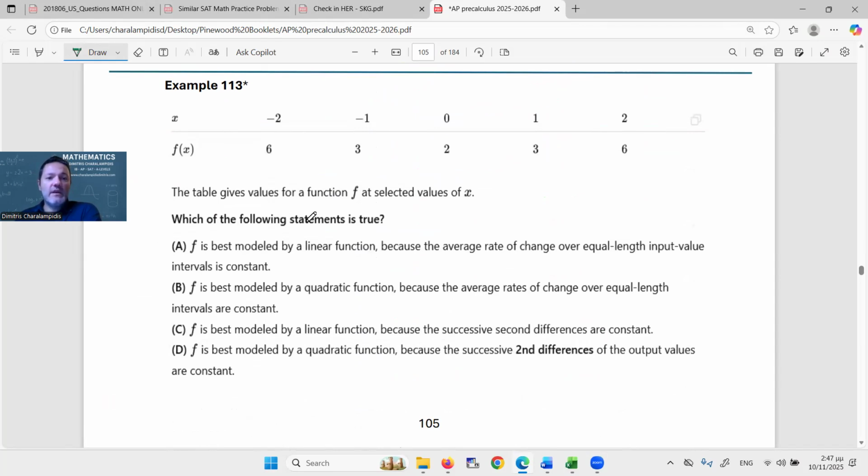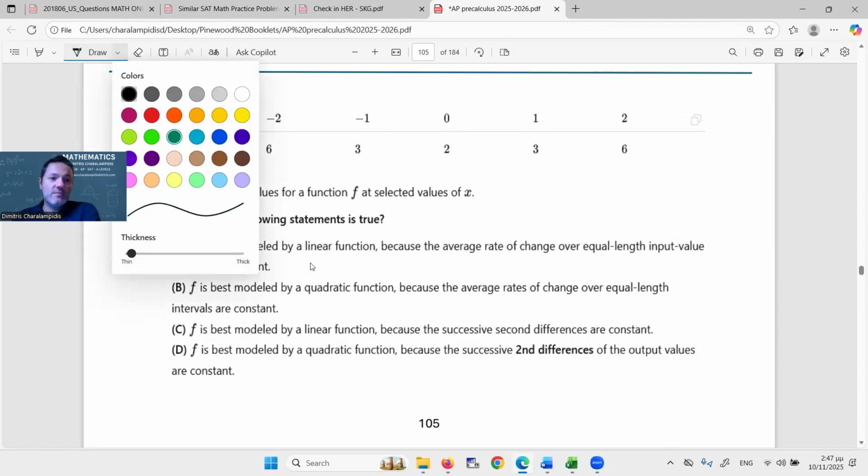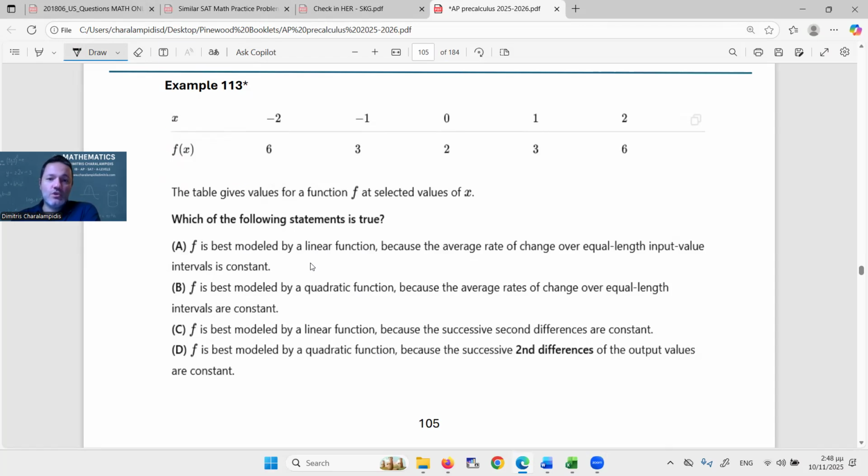The table gives values for a function f at selected values of x. Which of the following statements is true? f is best modeled by a linear function, so this makes it first degree, or by a quadratic function, and we will see. The only difference here is that the values were given horizontally.